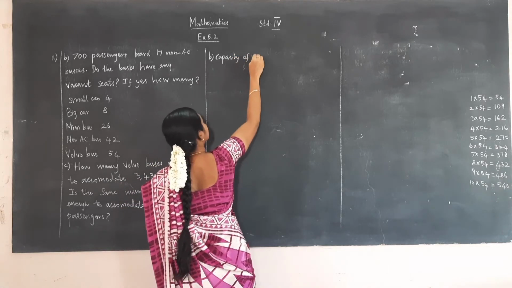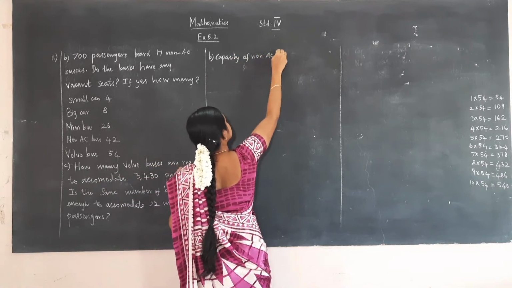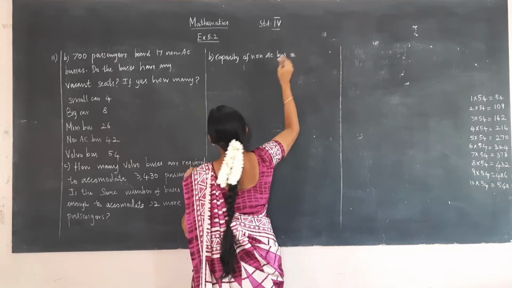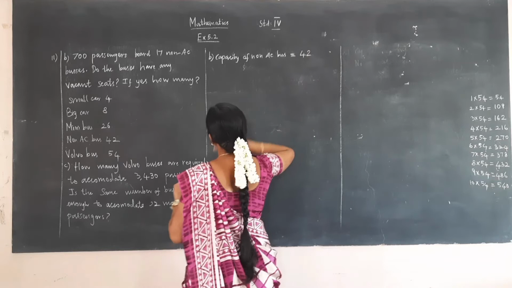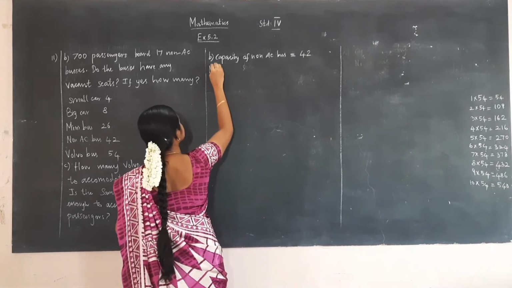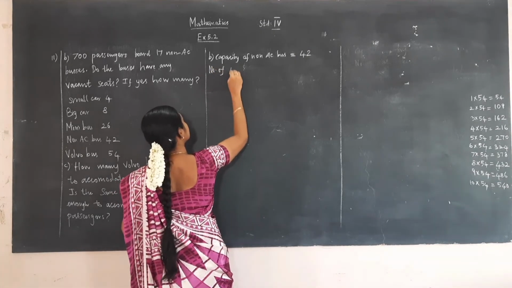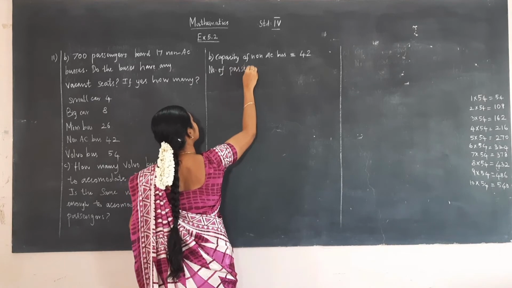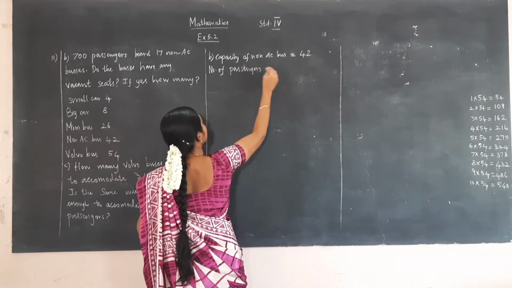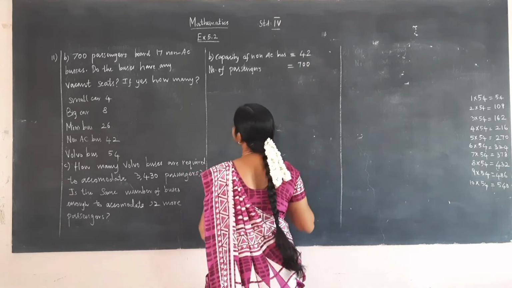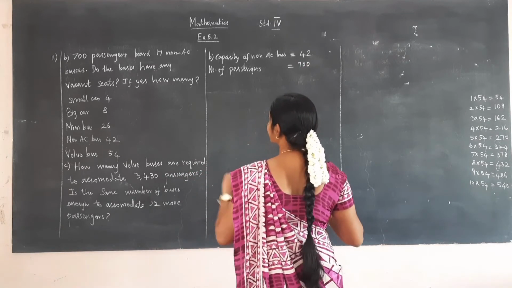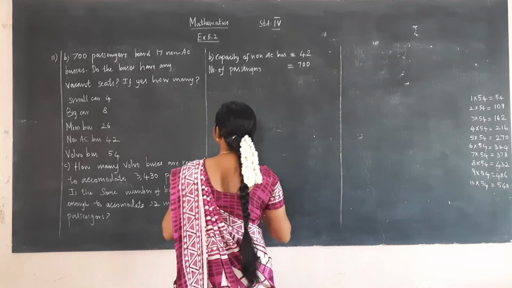Capacity of non-AC bus is equal to 42. Number of passengers is given as 700. Number of non-AC buses is 17.